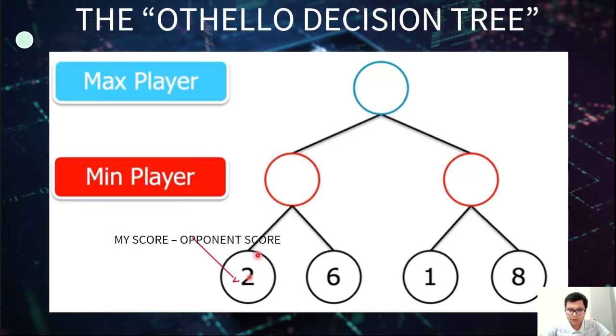The score is my score minus opponent score, so sorry, maximize the value of this node. And the other player would definitely try to minimize the value. So Othello is essentially a zero-sum game. Whenever my score increases, the opponent score obviously decreases. Okay. So you got what a max and min player is.